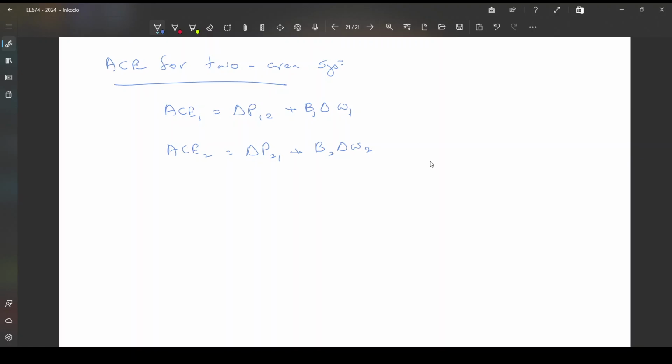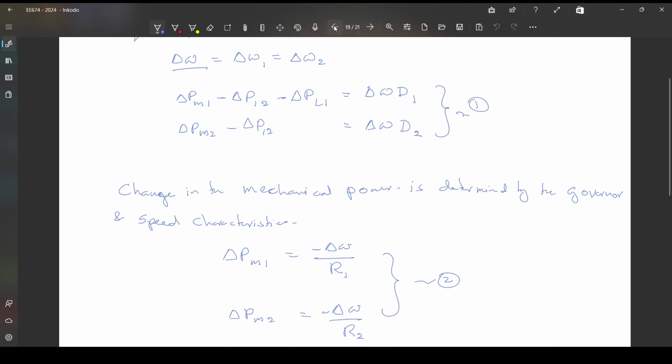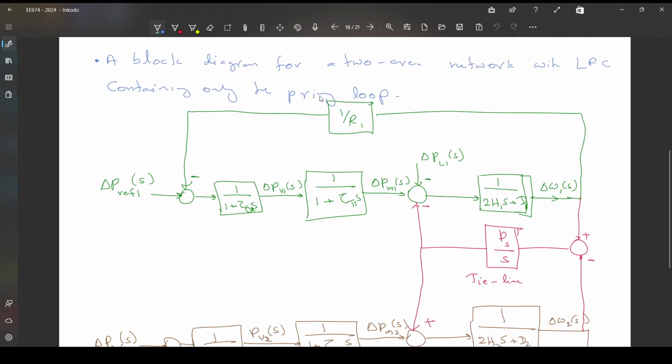Okay, so now with incorporating the area control error, we can derive the block diagram, right? I will try to get this block diagram that I have drawn earlier and try to modify it.